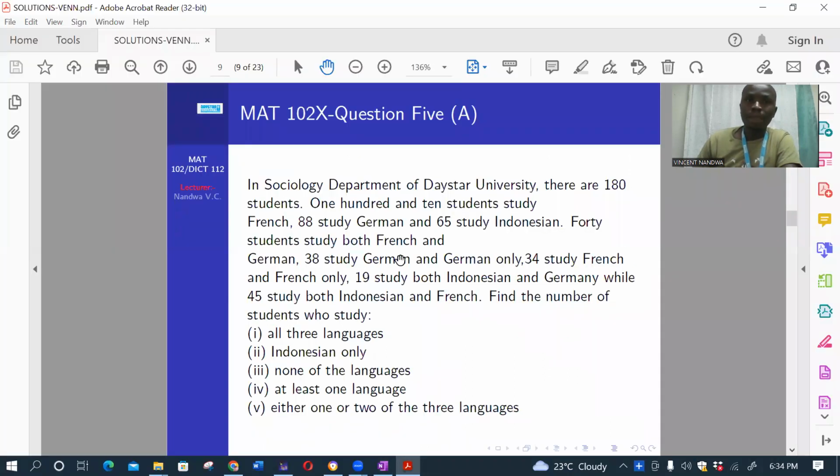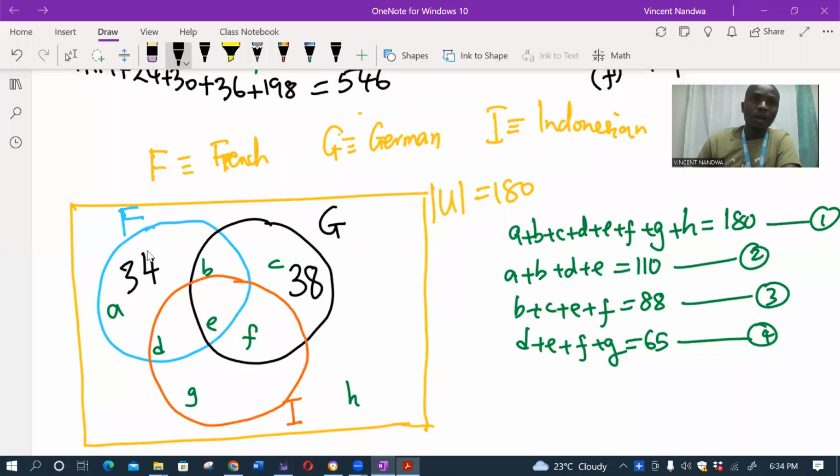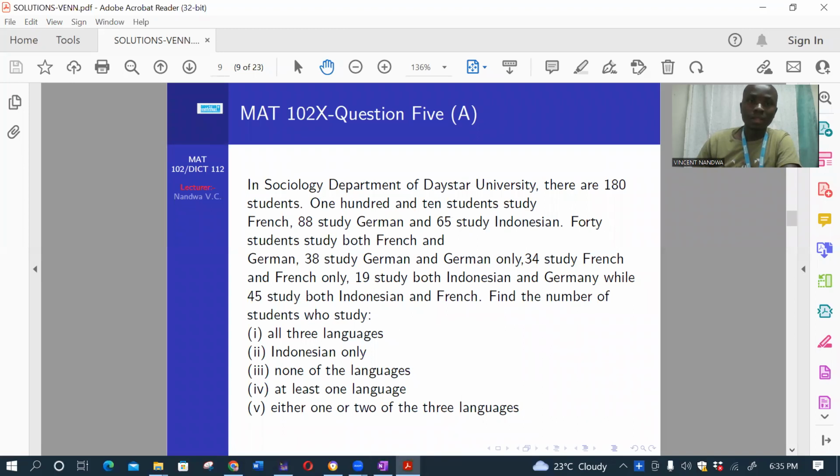And then 19 study both Indonesian and German. So 19 is where I and G meet. I meets G at E and F. So E plus F is given by 19.